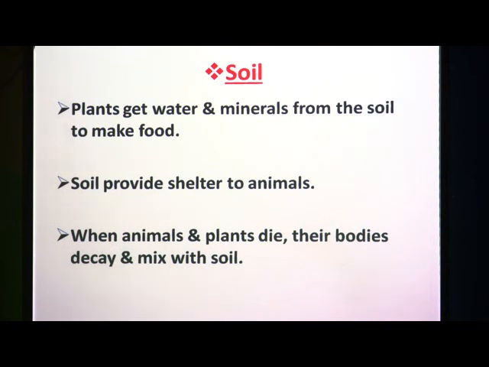And sometimes soil provides shelter to animals such as centipedes and earthworms, etc. And some animals like rabbits, rats, moles and many other animals live in burrows in the soil.